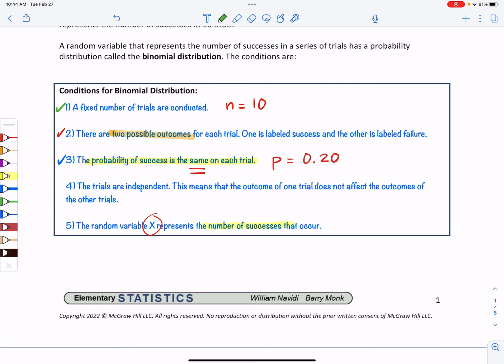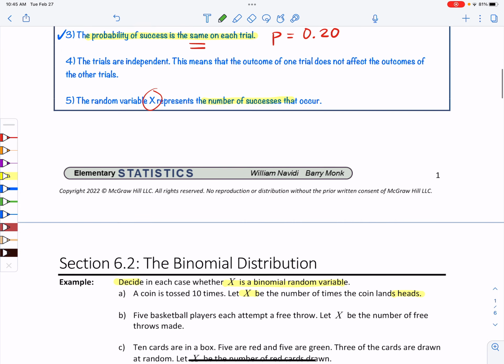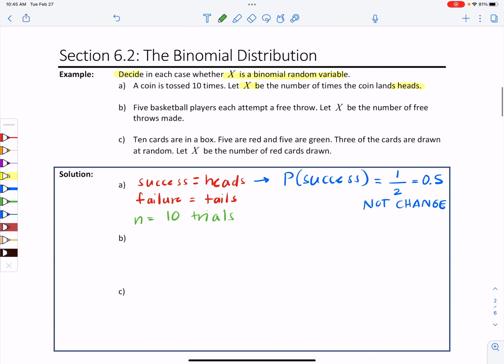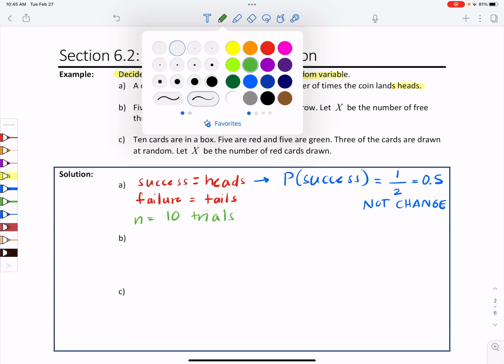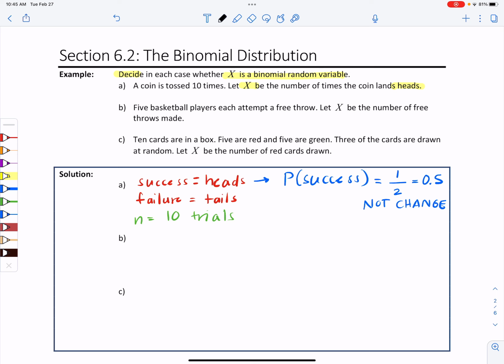These are independent, and we know already the random variable is counting the number of successes. So if I make it through all of those conditions and I don't get hung up anywhere, then I would say yes, this is a binomial random variable.